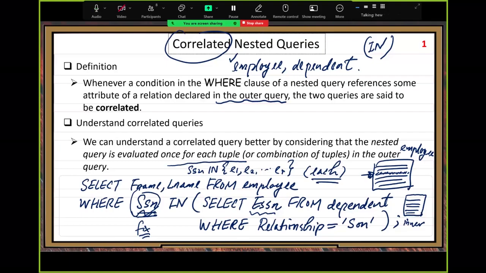Sometimes the query is relatively simple, so there is no correlation, but for the harder ones, correlated is a little harder. So here, nested, correlated.